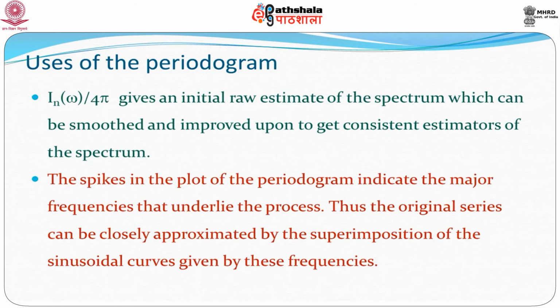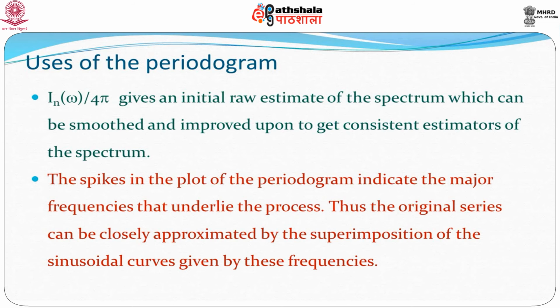But the other thing that this periodogram does is, it gives us a rough idea of what the variability of the underlying process is. So, the spikes in the plot of the periodogram indicate the major frequencies that underlie the process, and hence the original series can be closely approximated by superimposition of the sinusoidal curves given by these frequencies.